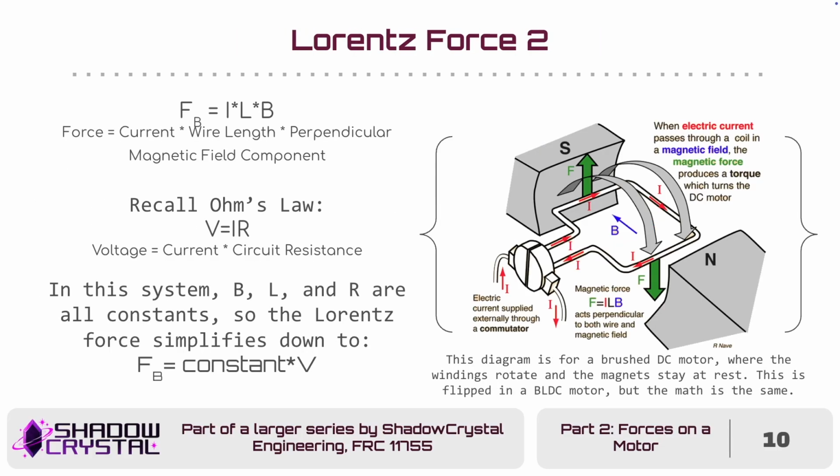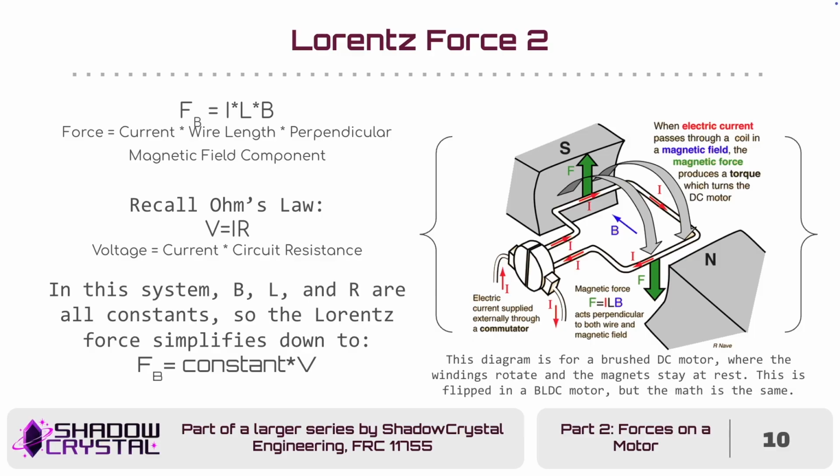So, when your B, your L, and your R are all constant, you can think of things in terms of proportionalities. So if your V over R equals I, you can substitute that in for I in your Lorentz force equation. And so you get 3 constants times your voltage, or in other words, some constant times voltage, is equivalent to your Lorentz force.